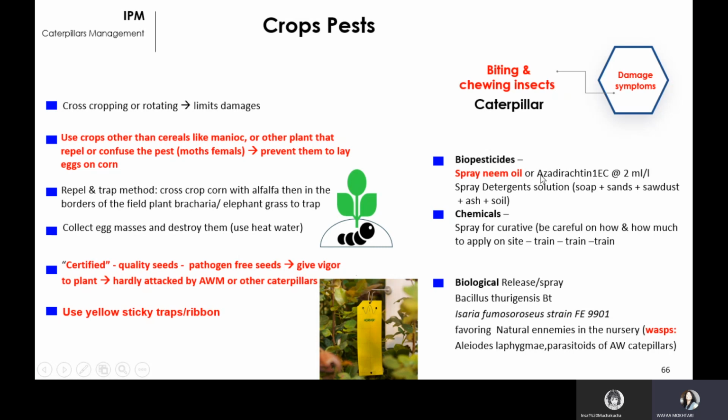Spray neem oil, this is really important for its pesticide action against caterpillar, and use some wasp against them. Some wasp, here is the name, Alvides lafigma. And there are other parasitoids you can use that will eat or parasitize the caterpillar and that will control the damages and of course the pest.